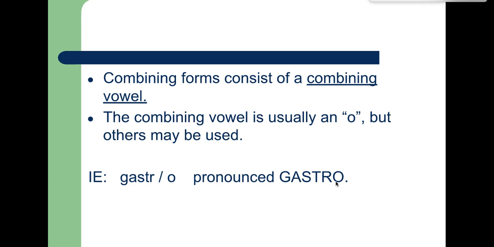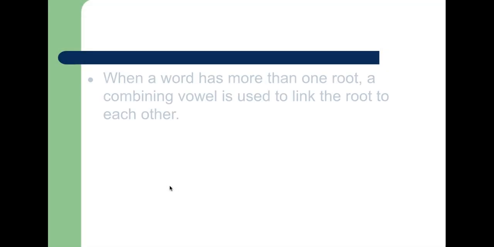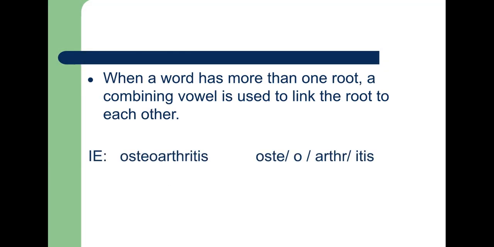Okay? So, you can see here they show gastro is the word root and O is the combining form. Now, there can be more than one word root used in a medical term. So, for example, we have osteoarthritis. This is a condition that causes an inflammation of the bones and the joint.